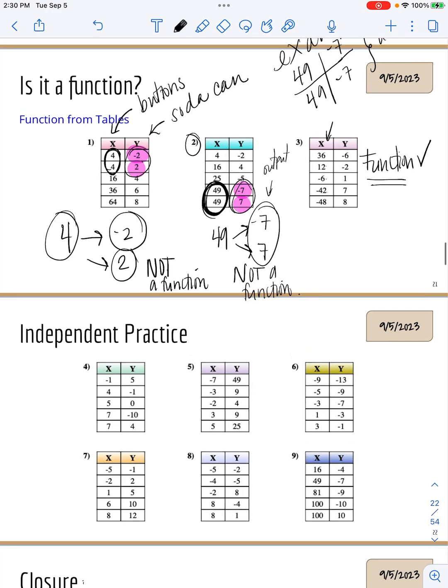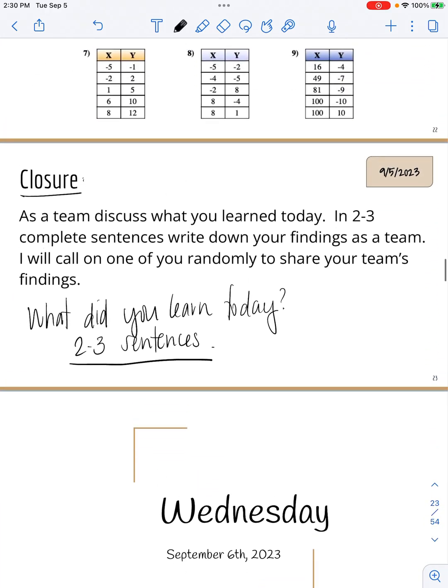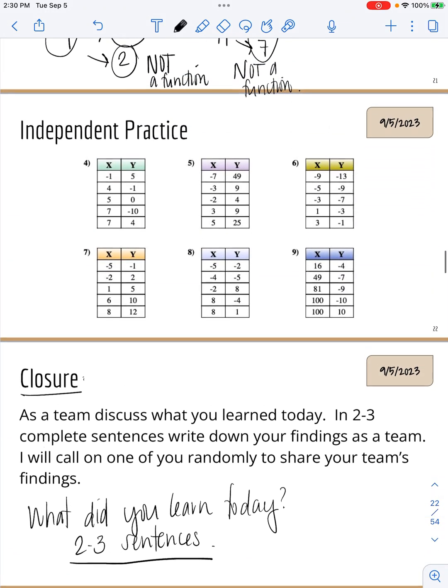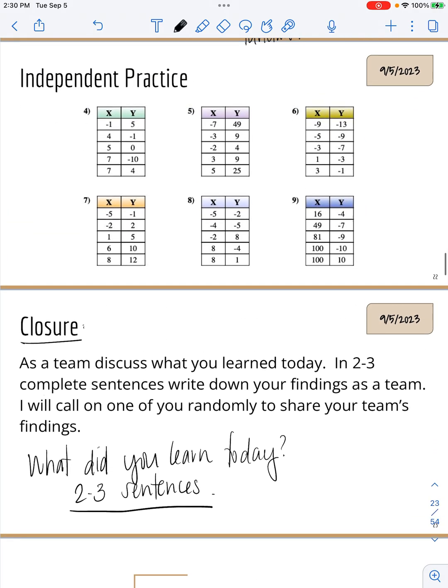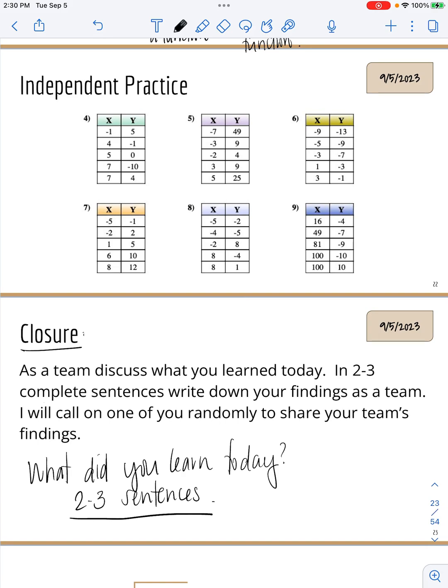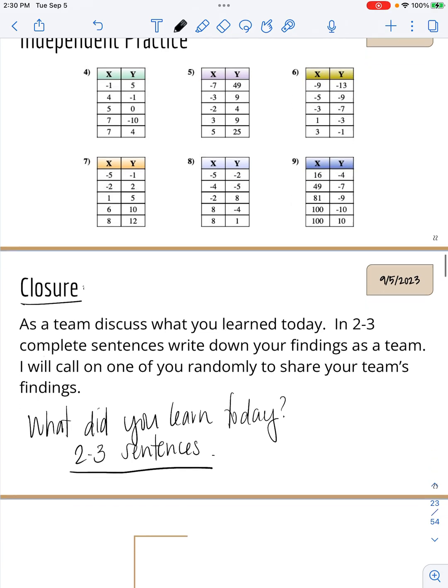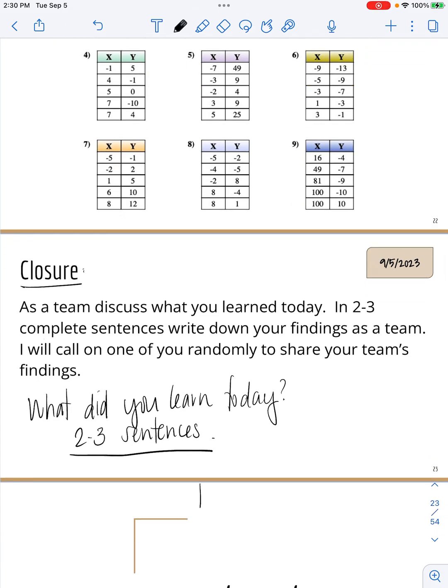Once you're done with your notes for today, and you're here in class, I will sign your paper, and then go ahead and work on the Khan Academy assignment that I put for today. It's called, let me find it, you guys, I have it here.